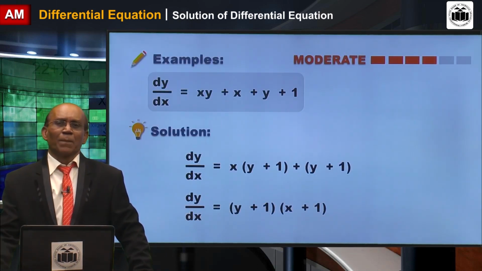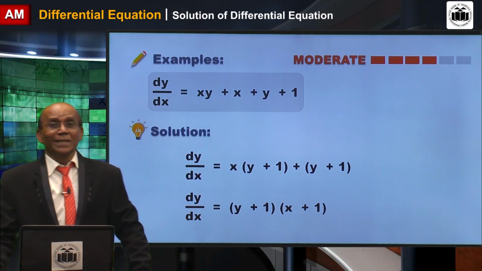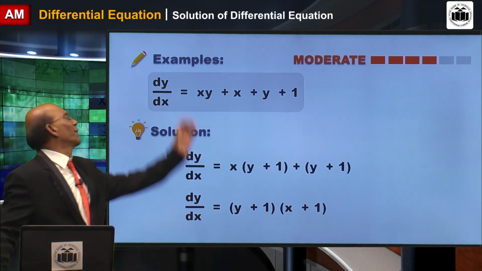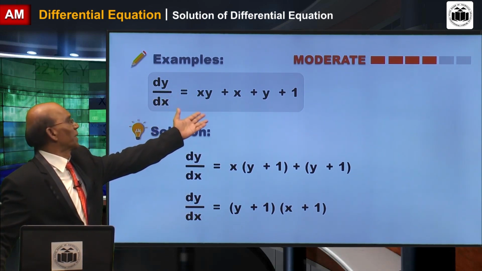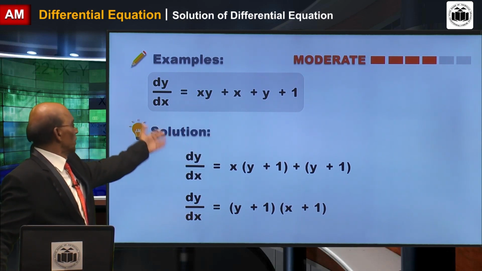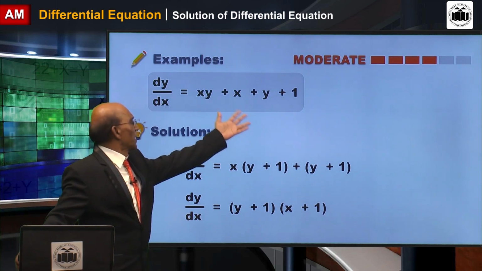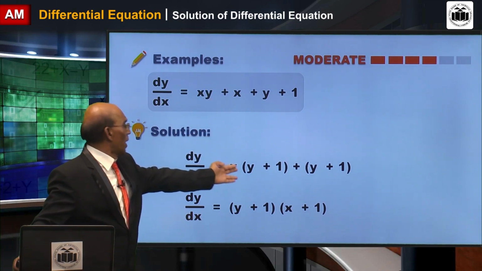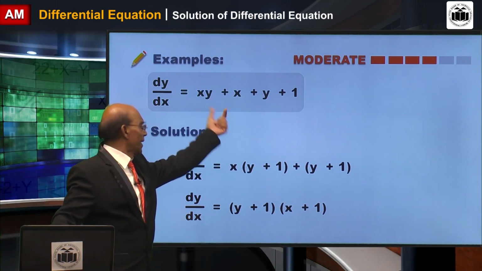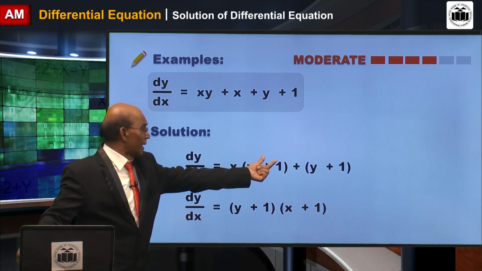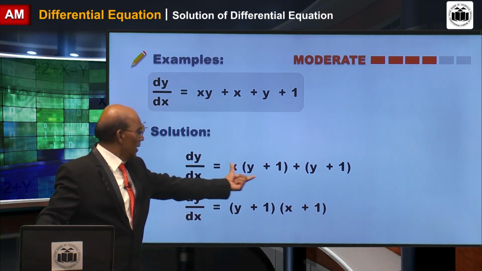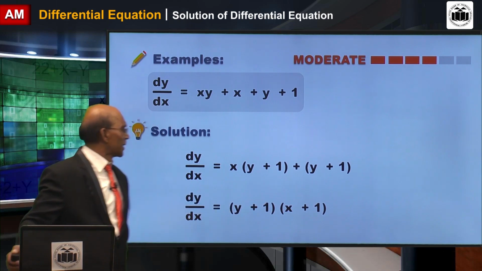Now the example is a moderate one. The example is dy by dx equals to xy plus x plus y plus 1. Solution for this one: we can mold this equation as x into y plus 1 by taking the first two terms together and the last two terms in another bracket, and again common is y plus 1 here, x plus 1.